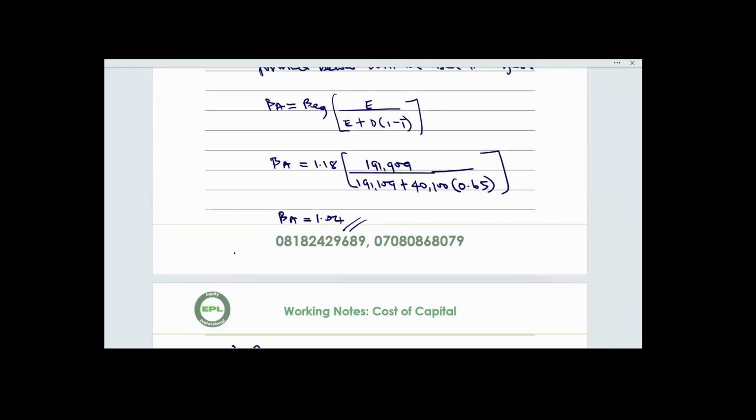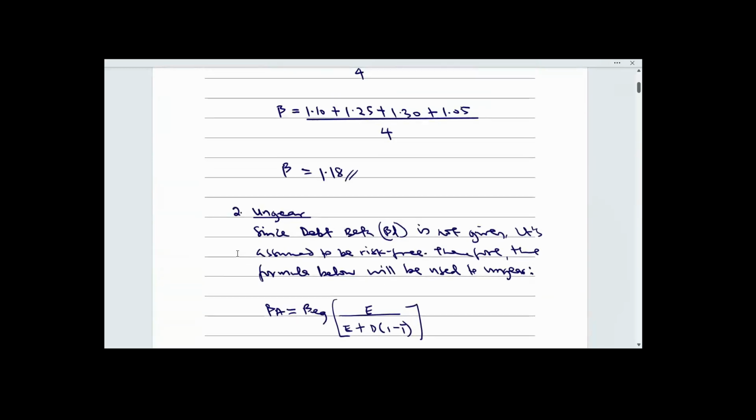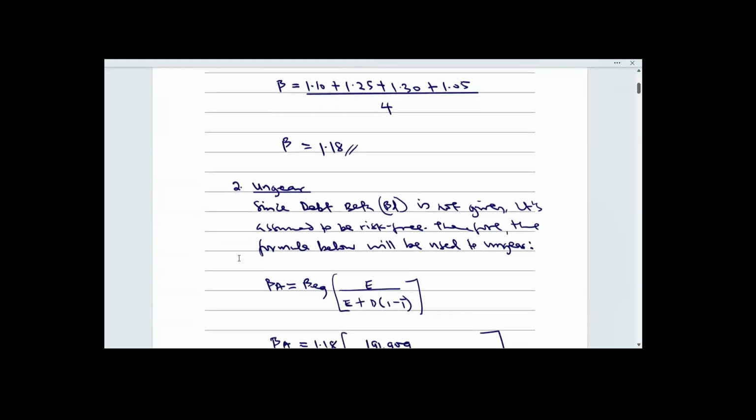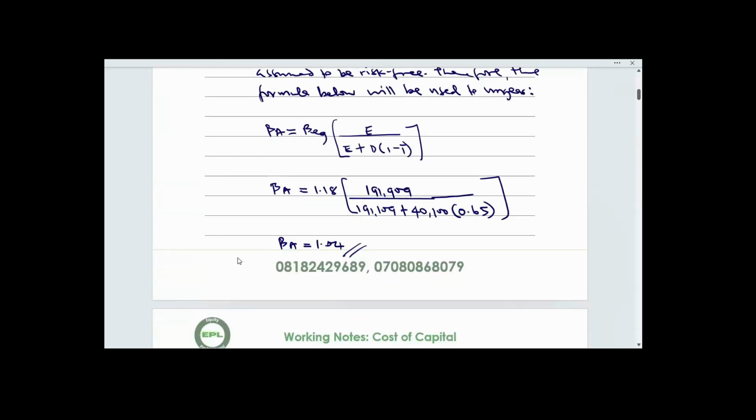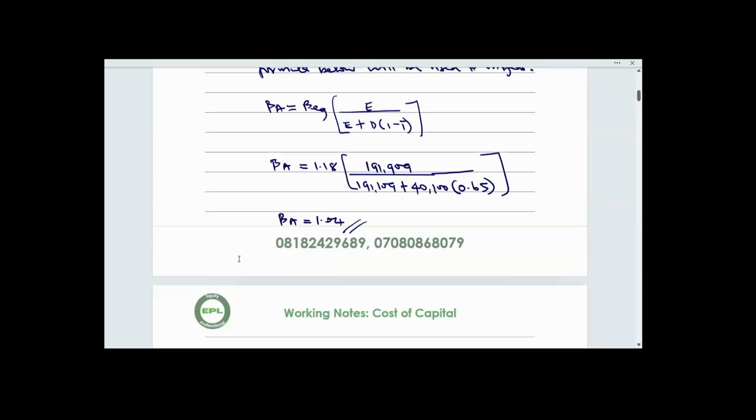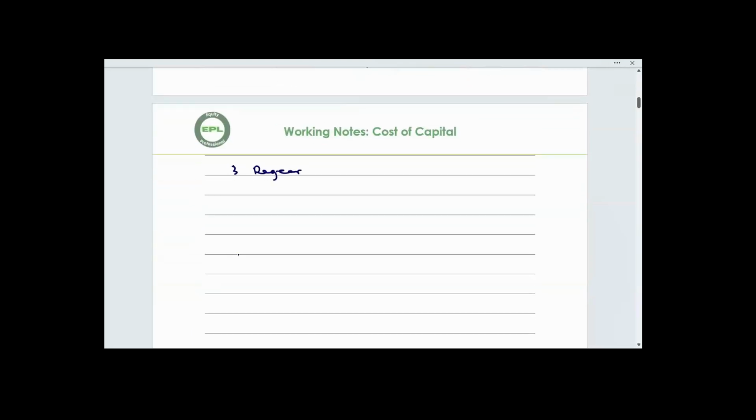The gear beta we calculated was 1.18 in step 1. What you have thereafter is the business risk that measures the risk associated with the freezer industry. That's the asset beta we just calculated. So step 3 now is to regear to incorporate the financial risk of Kilimanjaro, the main company.